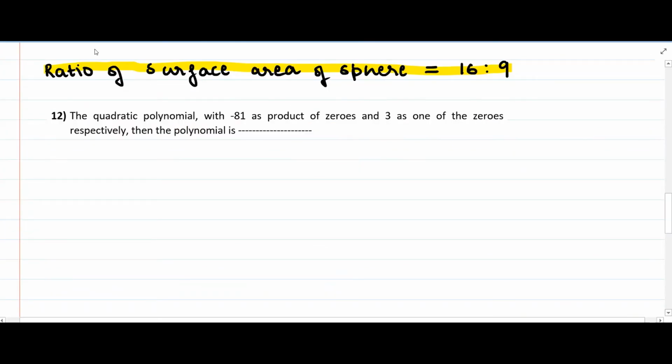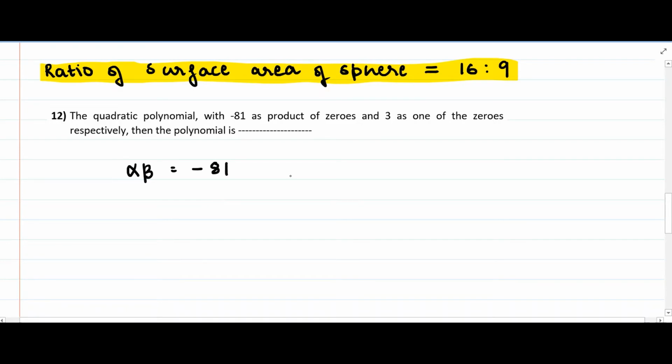The 12th question is the quadratic polynomial with minus 81 as product of zeros and 3 as one of the zeros respectively. Then the polynomial is. Okay, let's assume the zeros to be alpha and beta. So alpha into beta equal to minus 81. They have given one of the zeros as 3.